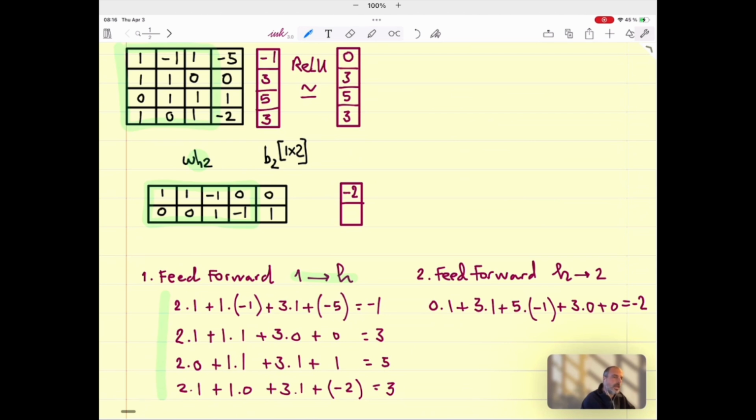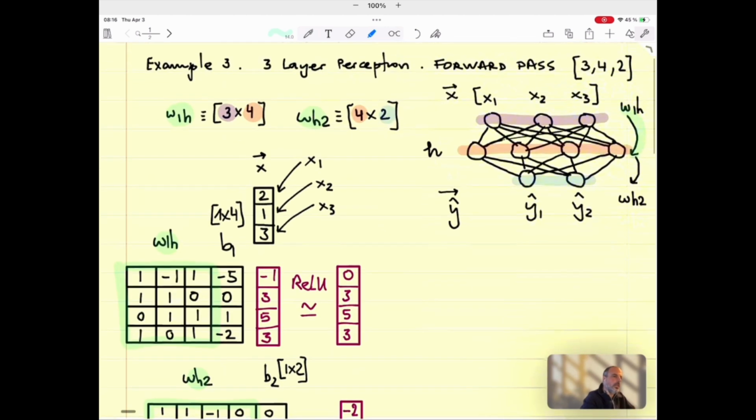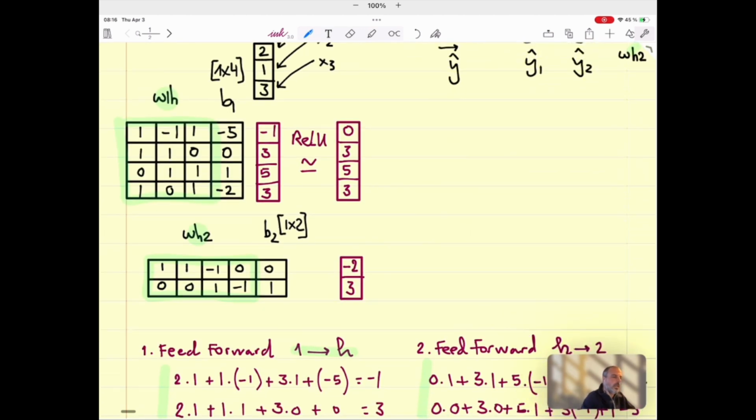And then again, 0 times 0 plus 3 times 0 plus 5 times 1 plus 3 times minus 1 plus 1, equal 3. All right. So we have done the feed forward pass here. Then we go ahead and we apply ReLU, rectifier linear unit. Whatever is negative becomes 0, whatever is positive stays the same.